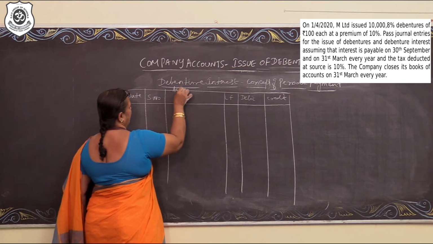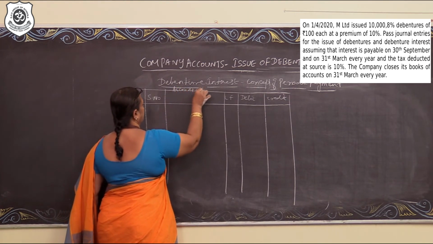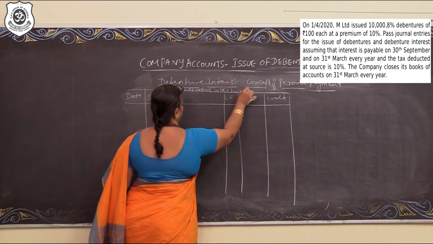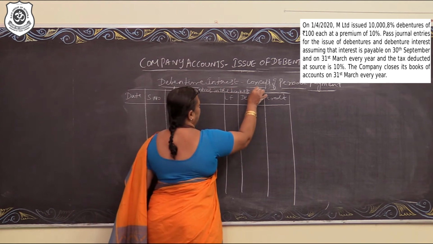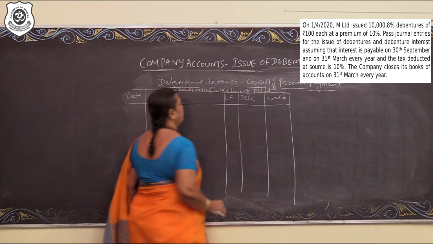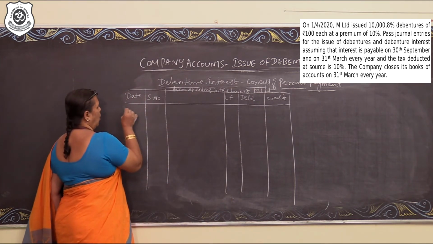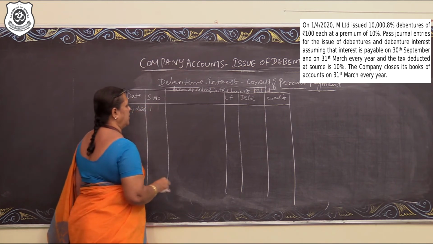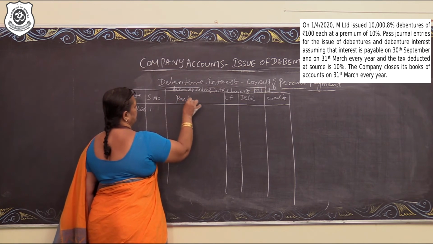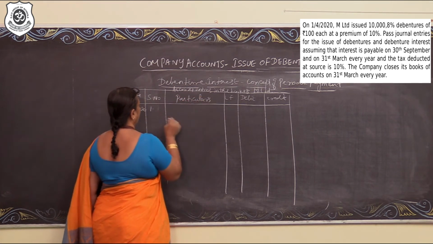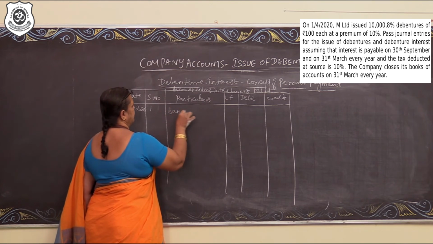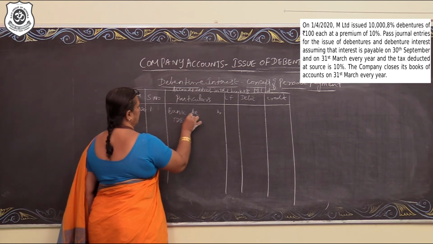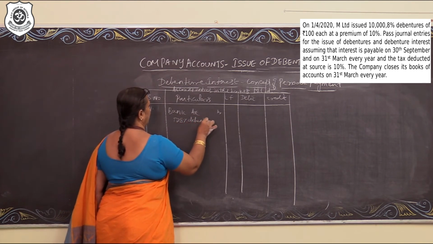Accounting entries in the books of Young Limited. So this is a date on 1/4/2020. We are going to pass 2 entries. Bank account debit to 8% debenture application and allotment account.